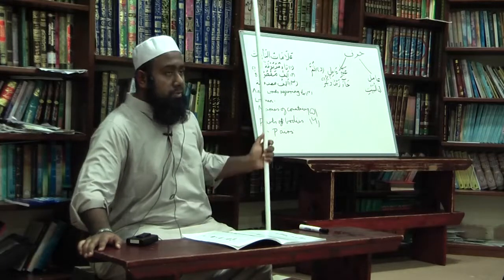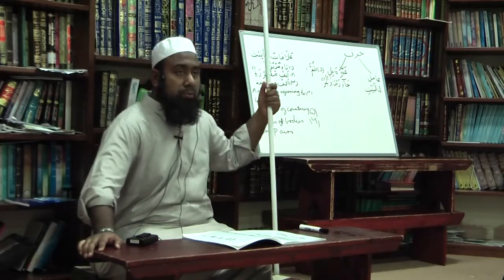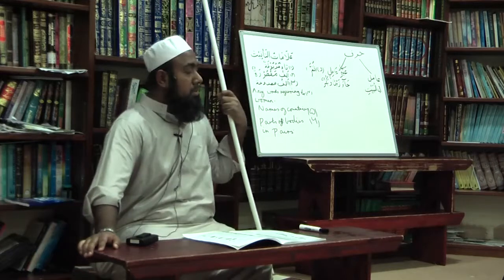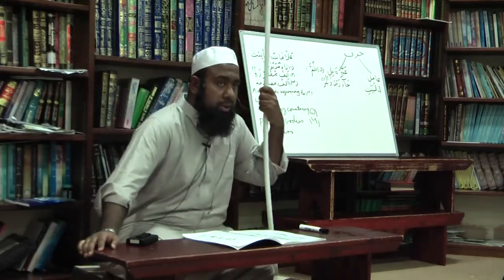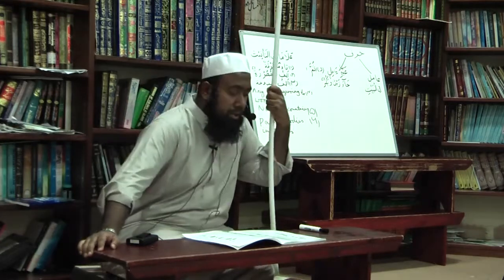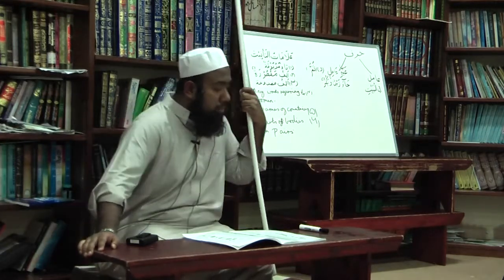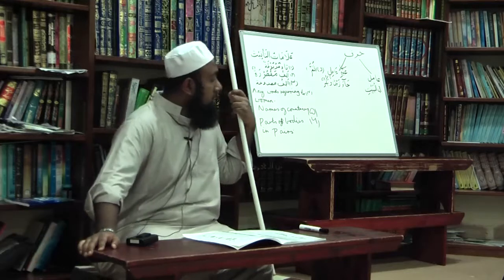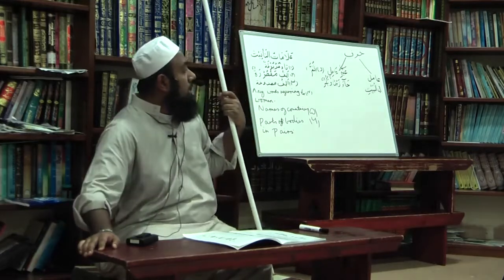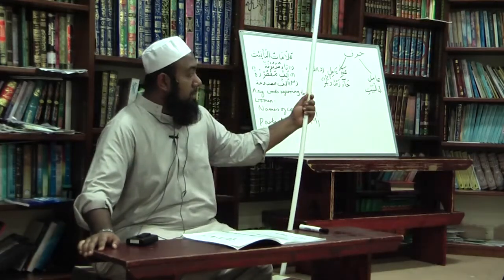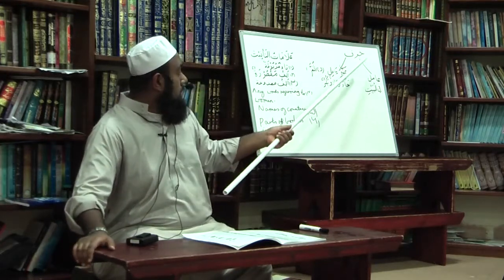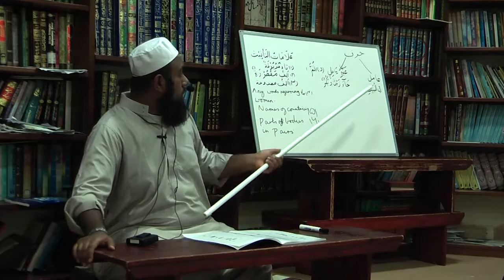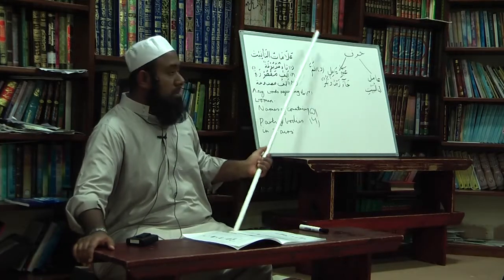So harf obviously means a particle, and we explained what harf was. Harf is a word that needs another word to explain its meaning and does not carry any tense, meaning the three tenses that we have. Harf are of two categories. One is amil, one is ghayru amil.